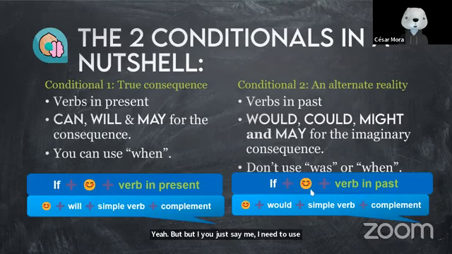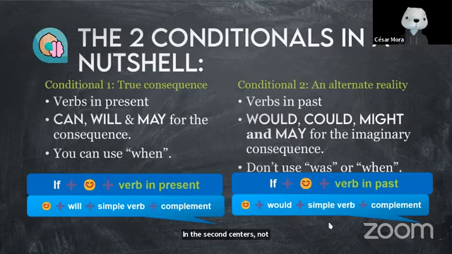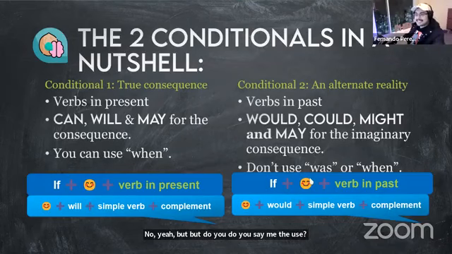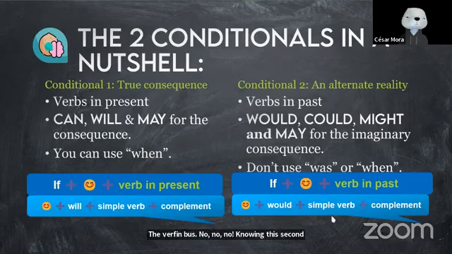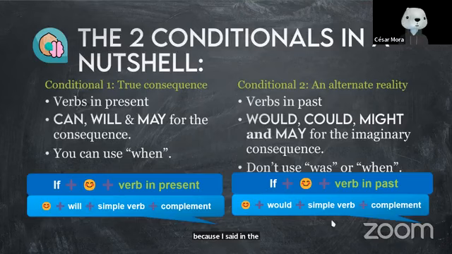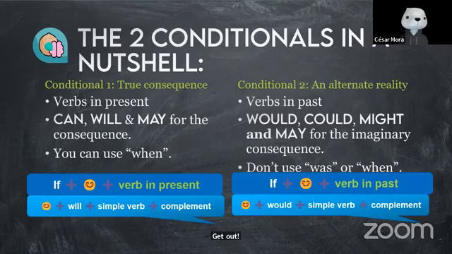No, in the first sentence, not in the second. No, in the second, because I said in the first time, unless I eat chocolate. That's a mistake. The second is correct.